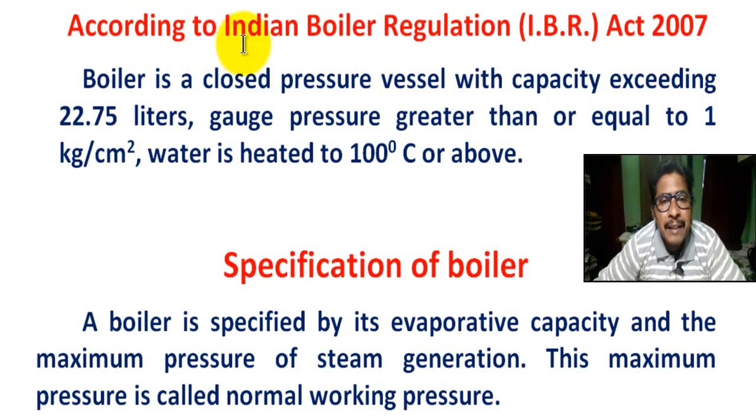According to the Indian Boiler Regulation, IBR Act 2007, a boiler is a closed pressure vessel with capacity exceeding 22.75 liter, with gauge pressure greater than or equal to 1 kg per centimeter square.